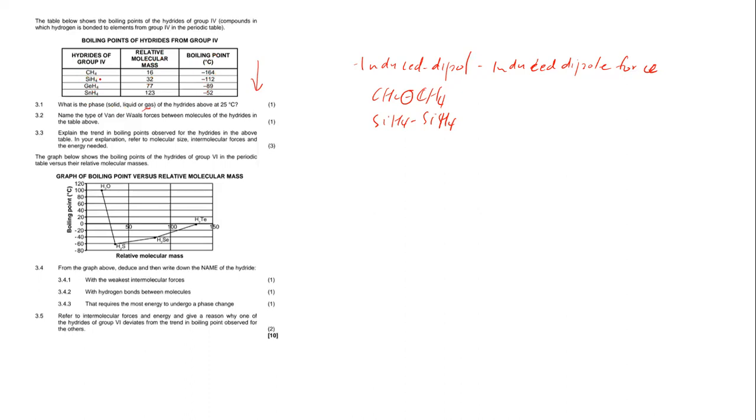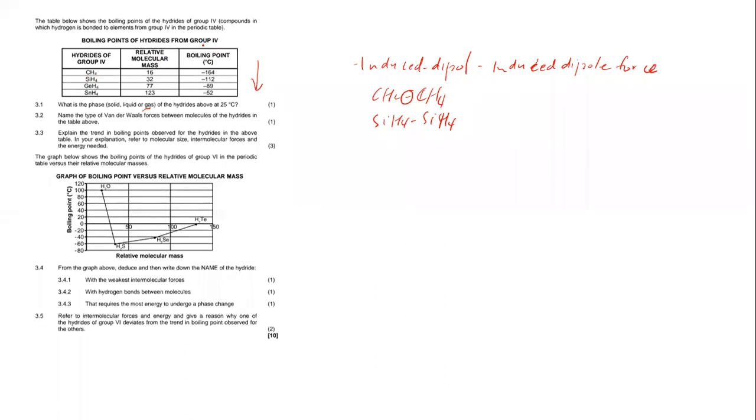So in order for CH4 to boil, you need a temperature of negative 164 degrees Celsius. So for it to boil, it will change its state. Maybe if it was in liquid state, it will automatically change to gaseous state, because here we're talking about the boiling point. Okay, we're not talking about the melting point.